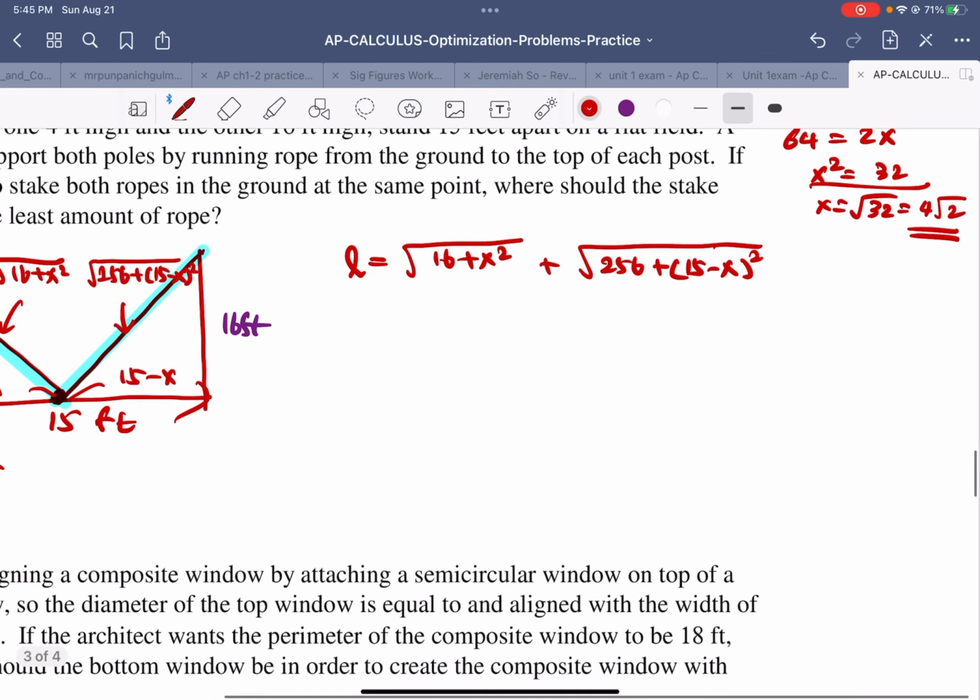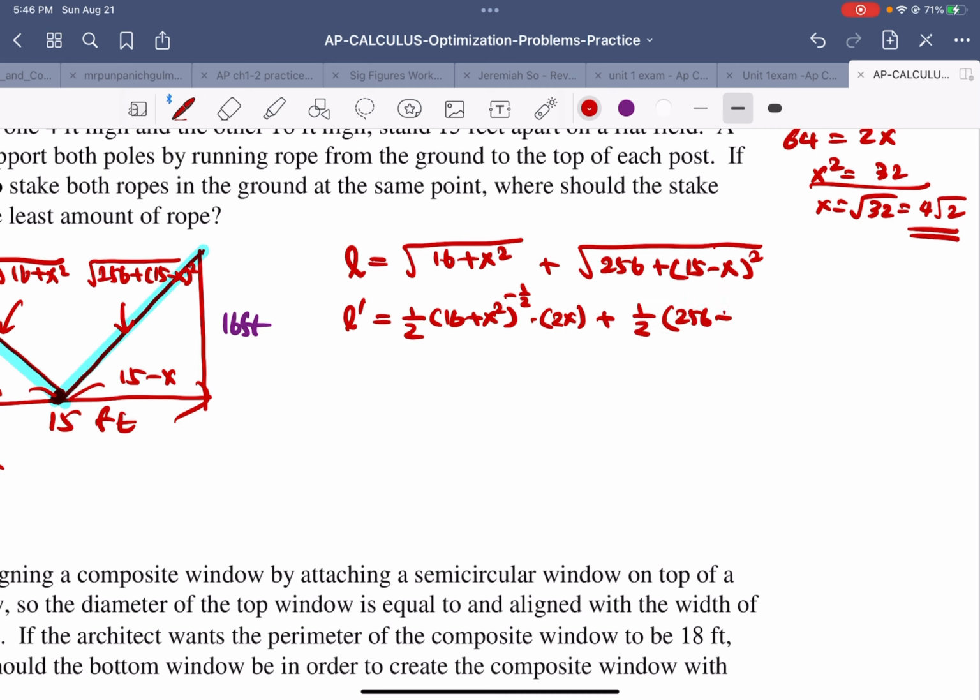Okay, let's do that. So when you take a derivative, that's 1/2 (16 plus x squared) to the negative 1/2 times, chain rule, 2x, plus same thing, 1/2 (256 plus 15 minus x squared) to the negative 1/2 times derivative inside, which is basically 2(15 minus x) times the negative 1. Okay, that's really long. And then you need to set this one equal to 0.